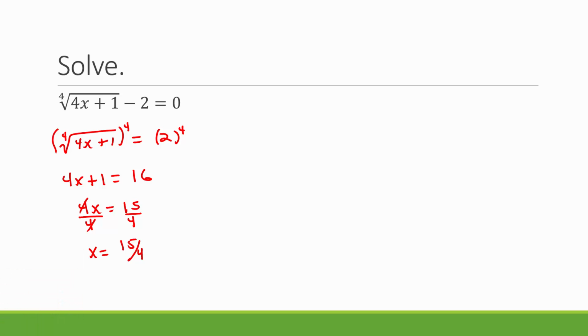So again, let's check that solution. So I have the 4th root of 4 times x, or 15 fourths, plus 1. Then outside of the radical, minus 2 equals 0. All right, so 4 times 15 fourths. The 4s would cancel each other out, leaves me with 15 plus 1.